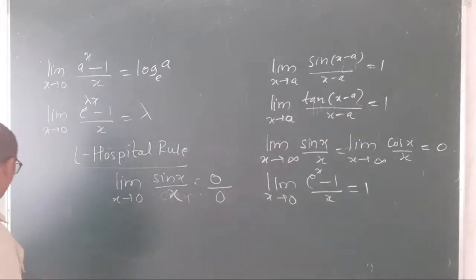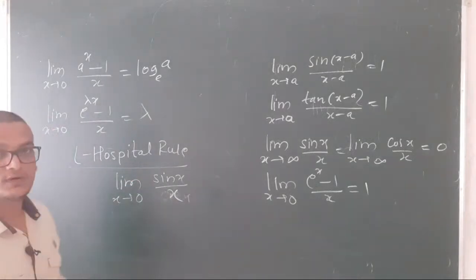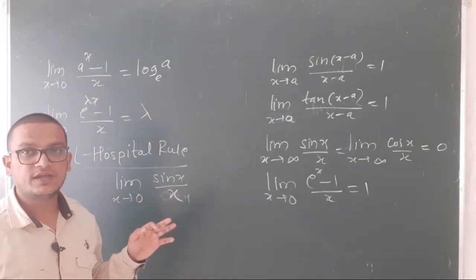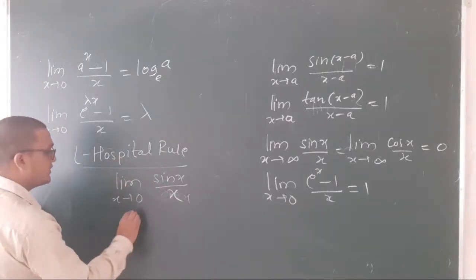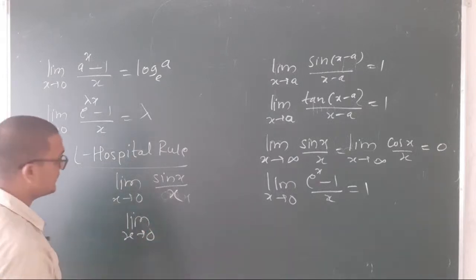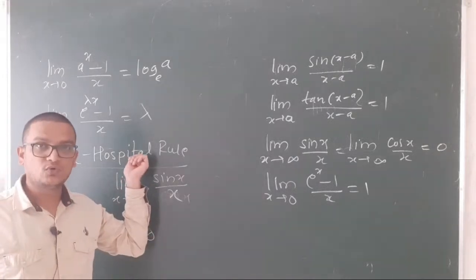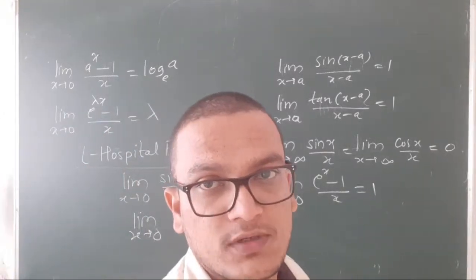So if I apply the L-Hospital rule, that indeterminate form will get eliminated. So how to apply the L-Hospital rule? Limit is going to be same, no change in the limit.